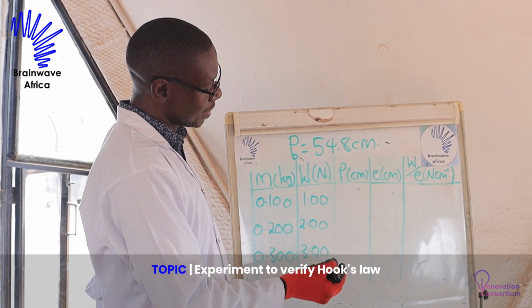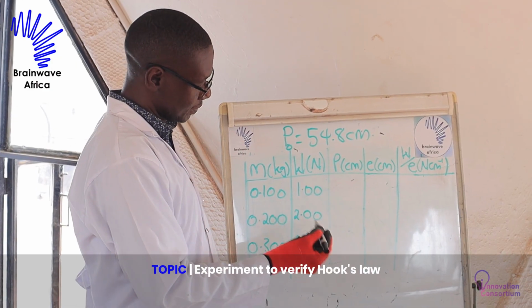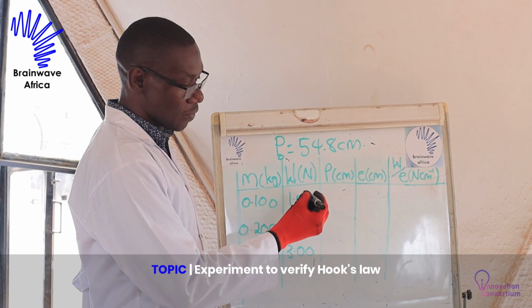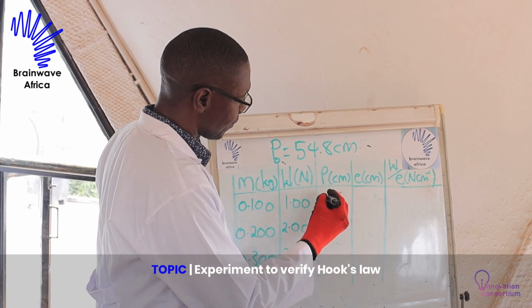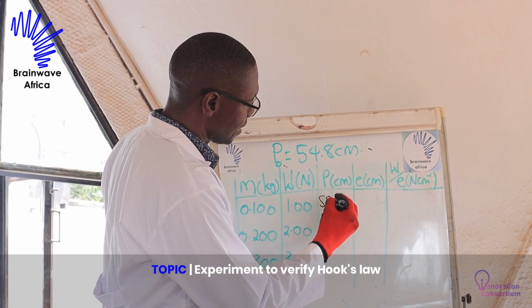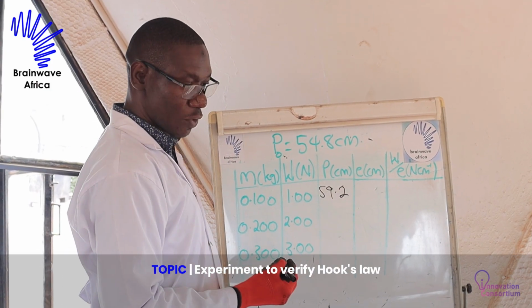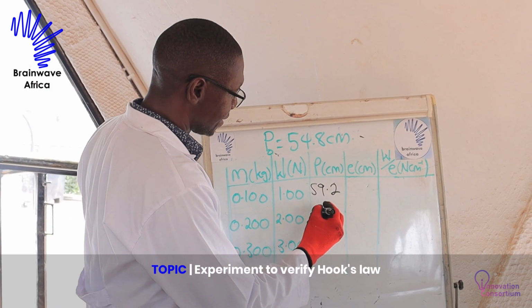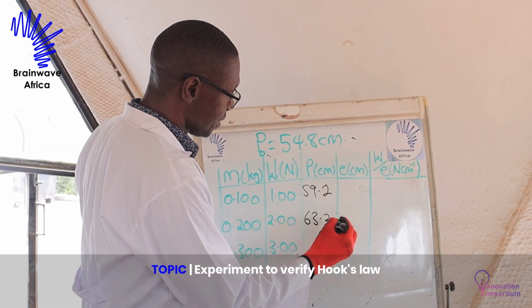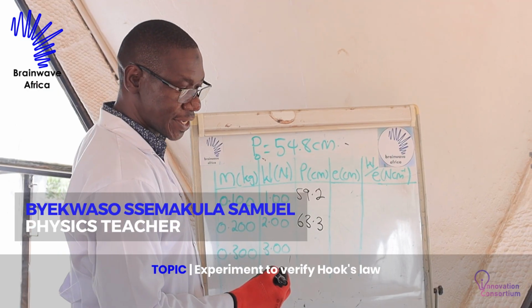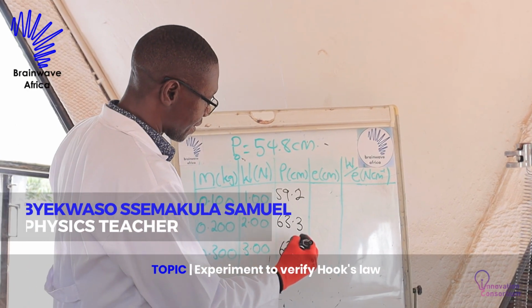We now record the new pointer readings for each of the weights. For the 1 Newton weight, we had a pointer reading of 59.2. Then for the 2 Newton weight, we had 63.3, and for the 3 Newton weight, we had 67.4.